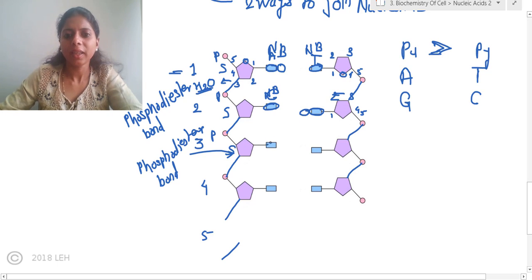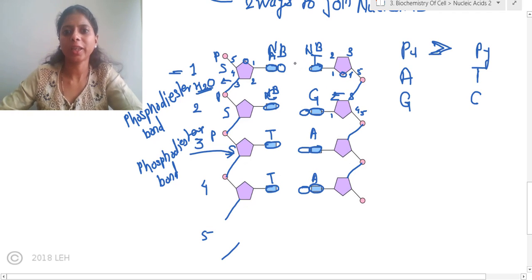Okay, here suppose I have taken a T, then automatically here A will come. They are having very strong attraction towards one another. Okay, and here let us take again a T and A. Okay, got it? Now try to understand the joining between them.